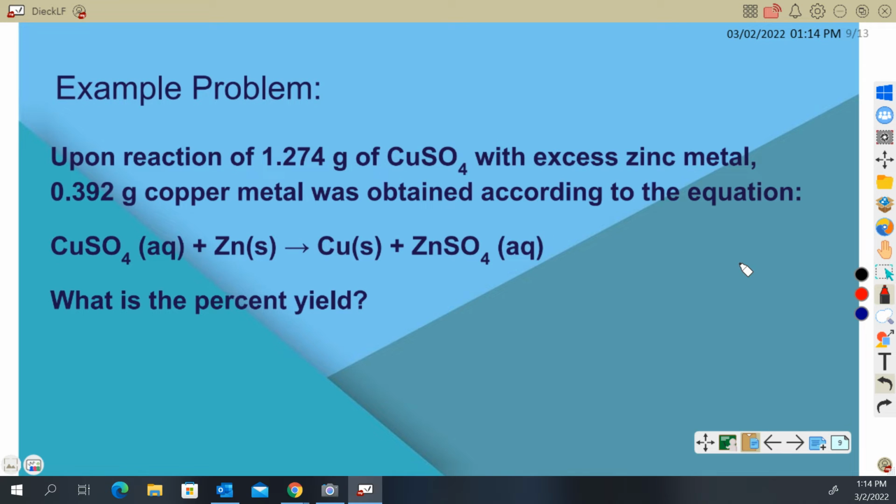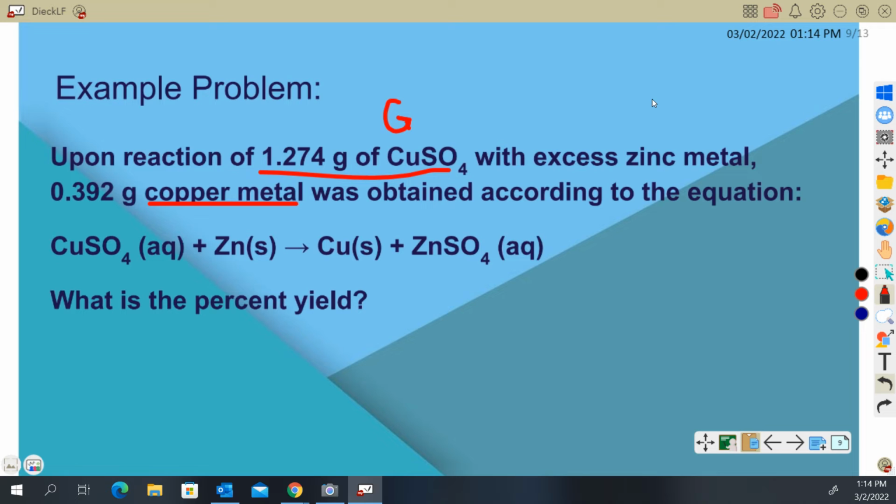All right, copper sulfate, is that a reactant or a product? That's a reactant. So that makes this our given. Copper metal. What is copper metal, a reactant or a product? It's a product.